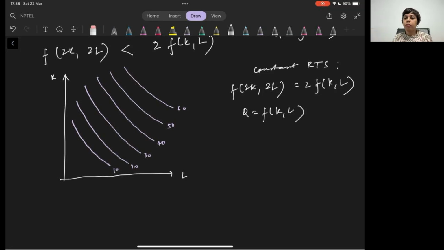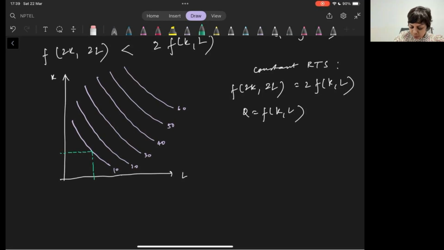10, 20, 30 are the quantities of output produced. So basically what happens in both these cases is, here this is 10. Now let's say this is the input quantities of labor and capital. Now let's assume this is doubling.